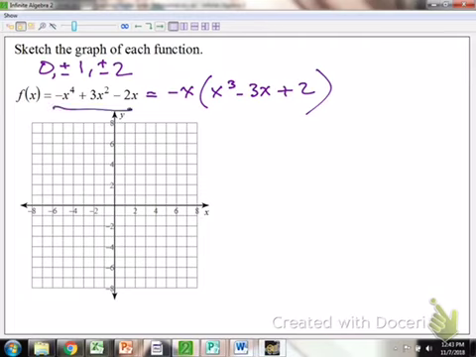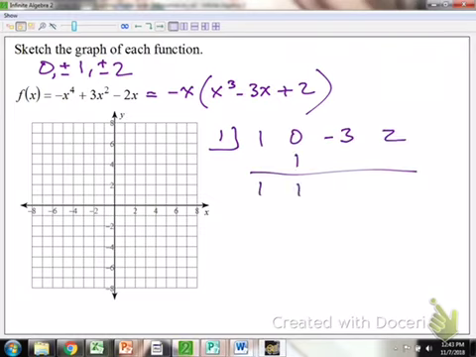That would actually give you some usable points, but you're going to save yourself some time if you just check it here. Now, because I can see pretty quickly that 1 is going to work. It's 1x cubed, 0x squared, don't forget the 0, minus 3x plus 2, bring down the 1, multiply, and add.